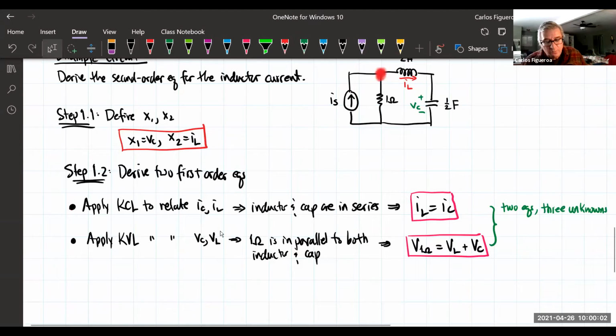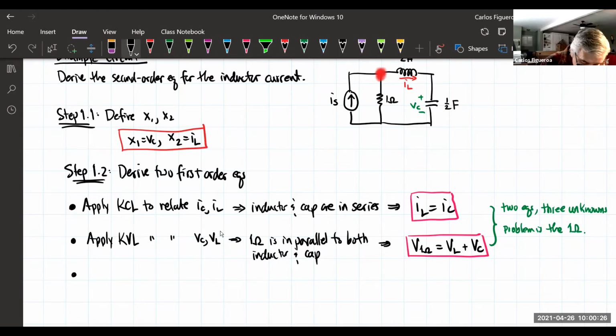But we want 2 equations and 4 unknowns. And you could see that the problem is the 1 ohm resistor. So my job now is to relate the voltage of the 1 ohm resistor to one of the 4 variables, which then brings us here.